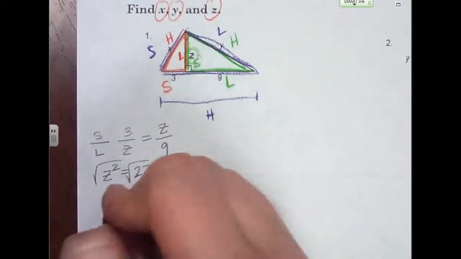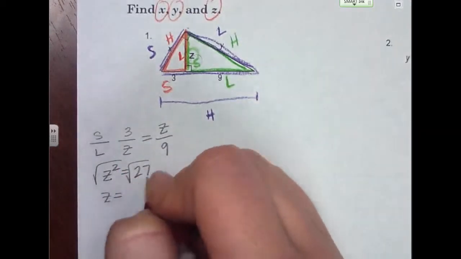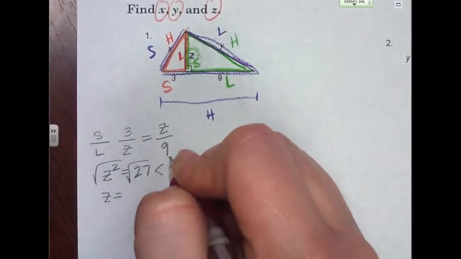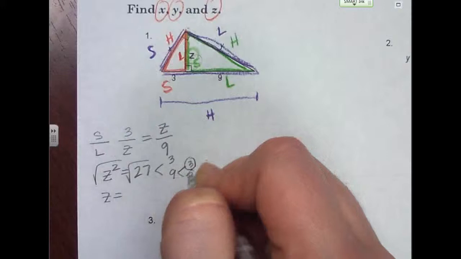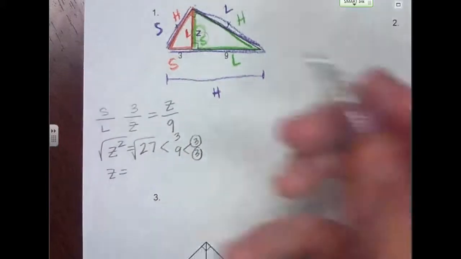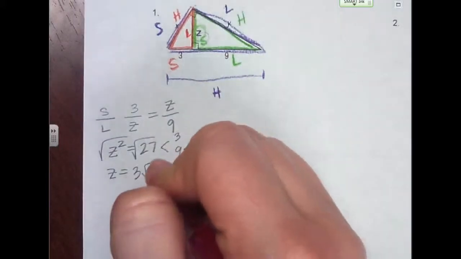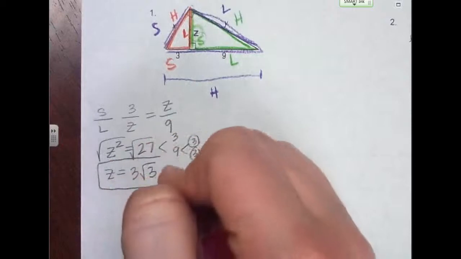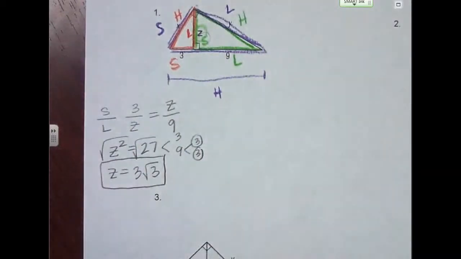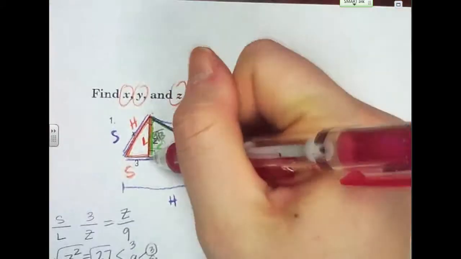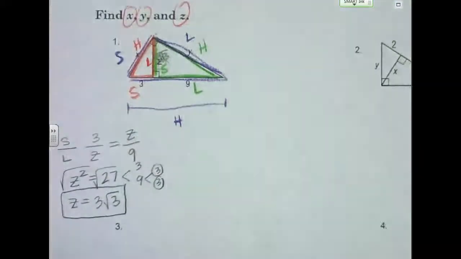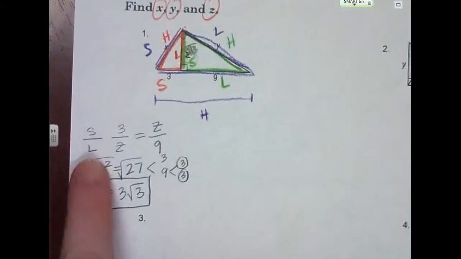If we break up 27 into 3 times 9, and 9 is 3 times 3, there's a pair of 3s. So z is equal to 3 square root of 3. Right here I'm going to write 3 square root 3. It's kind of hard to see, but now we know this side. So we used the short side over the long side.